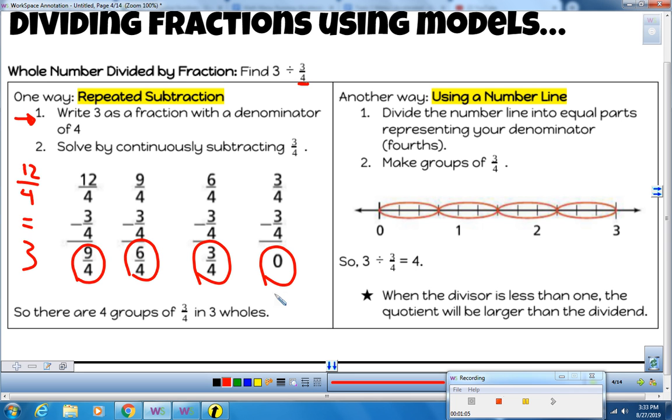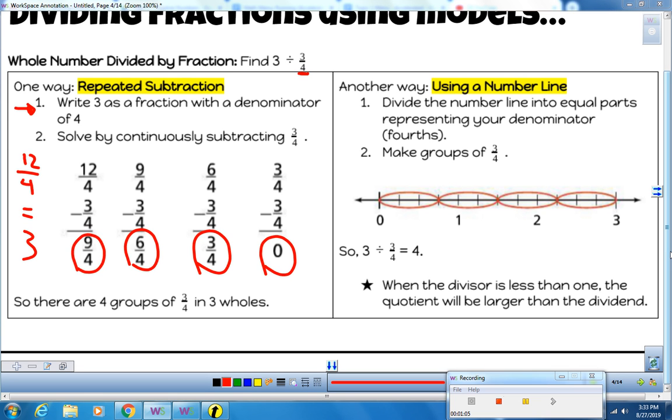That's one strategy. You could also do it on a number line. Here is 3 wholes. You'll notice here, these red lines that I'm making, those mark off our wholes. We've got 1 whole, 2 whole, 3 wholes. And then we're counting off 3/4.